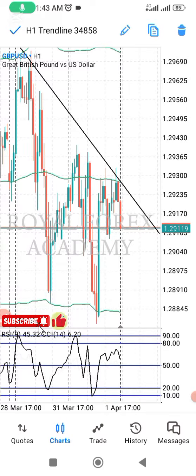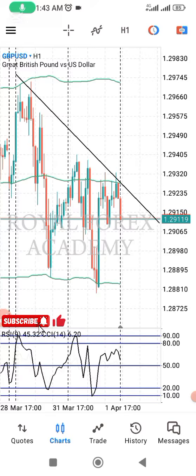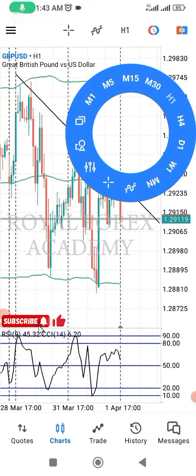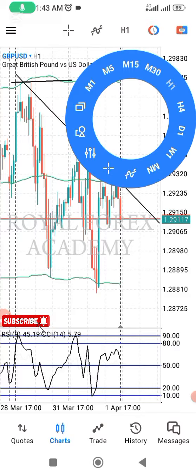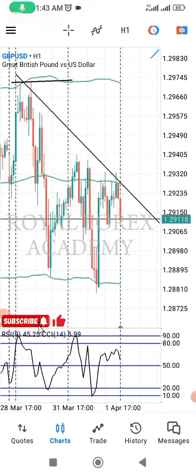So once you have determined your structural point, what is the next thing you need to know? You need to identify your range. Now, what is your range? Your range are your structural zone. For instance, this is our first range.